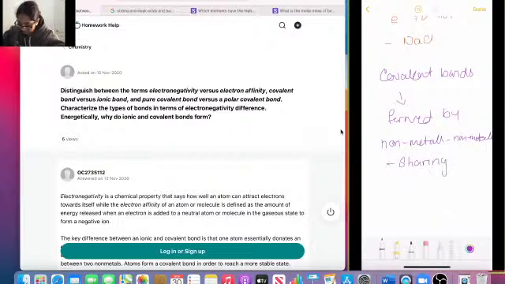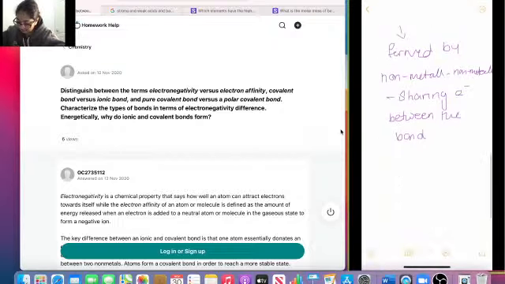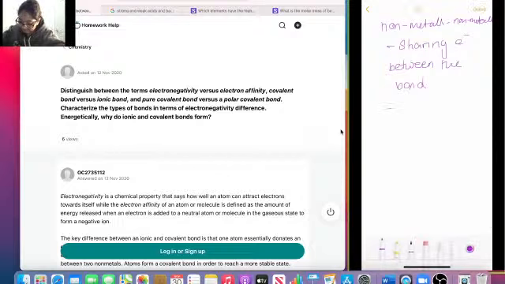Okay, you're not donating electrons or accepting electrons, you're just basically sharing electrons between the bond. An example of this could be CH4.